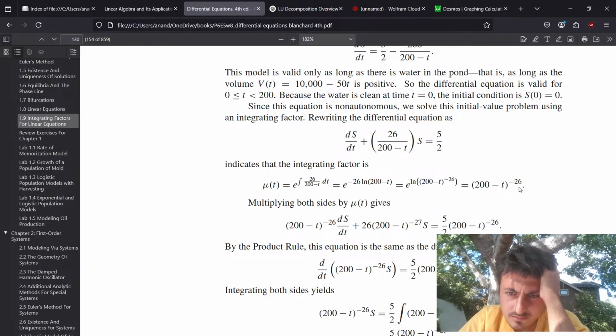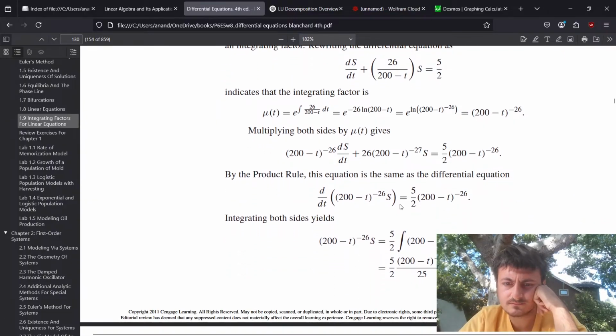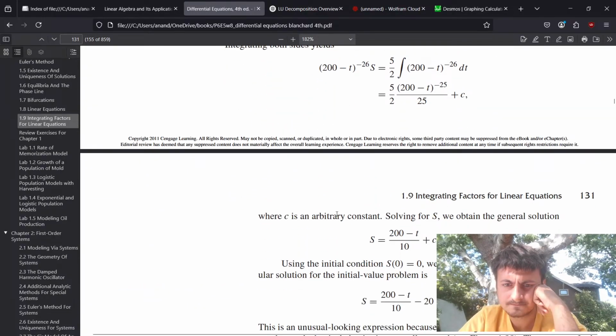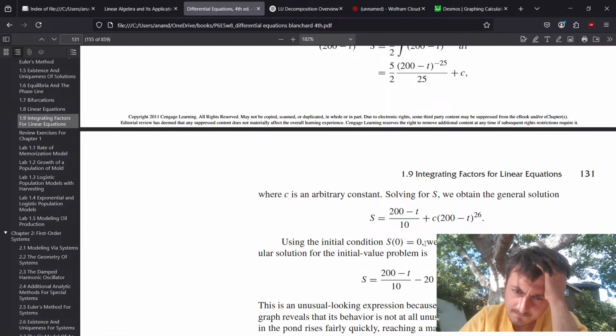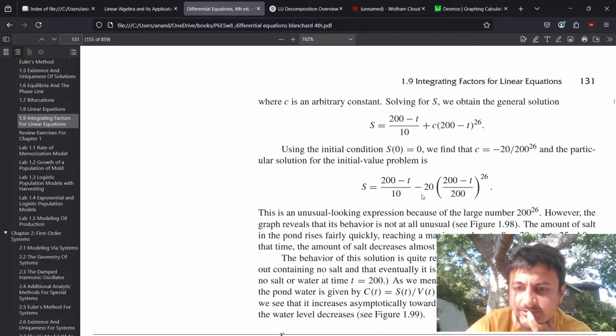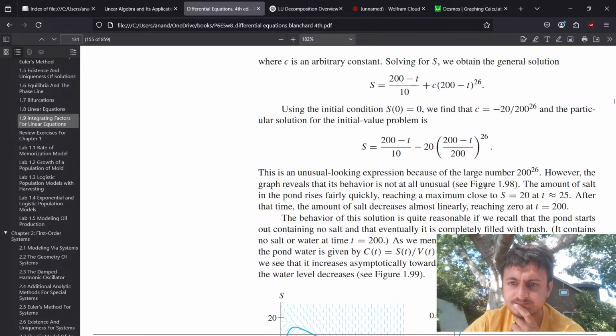Whoa. That's crazy. Okay. Using the initial condition, we find that C is that, and this is the final solution. Wow.